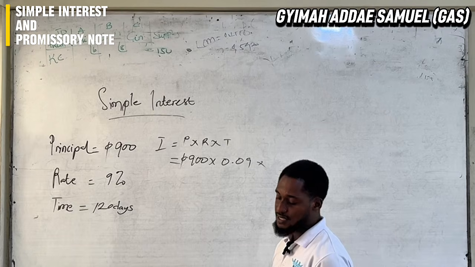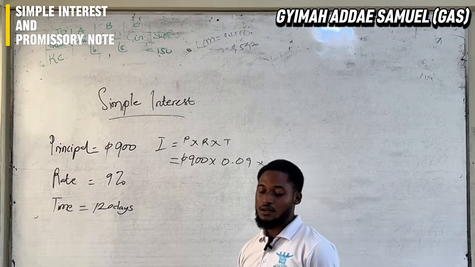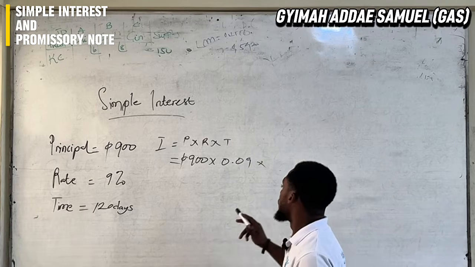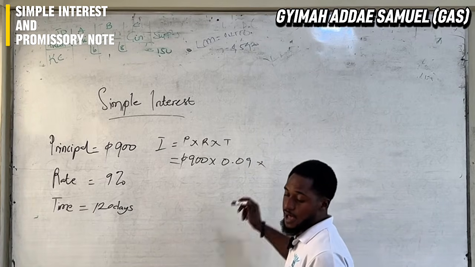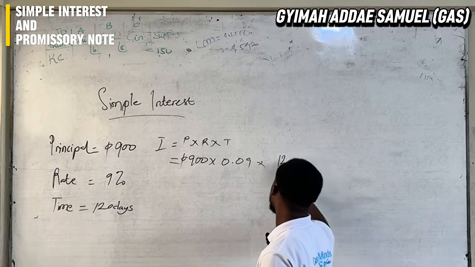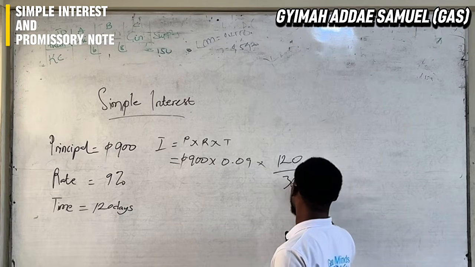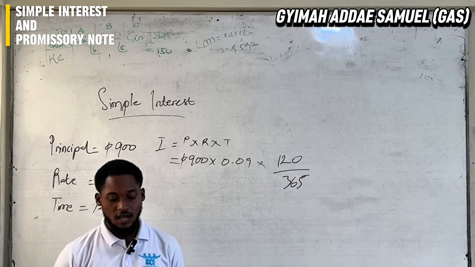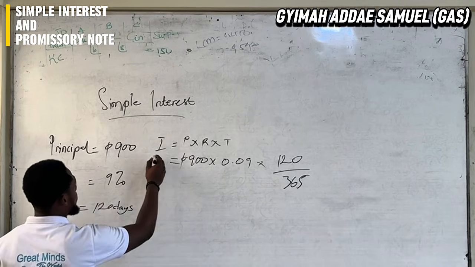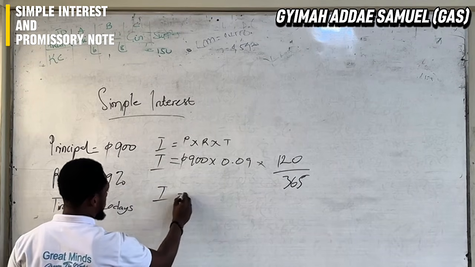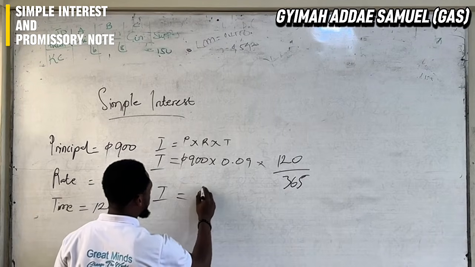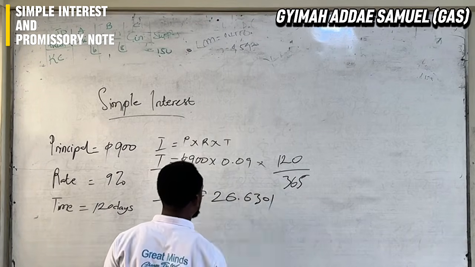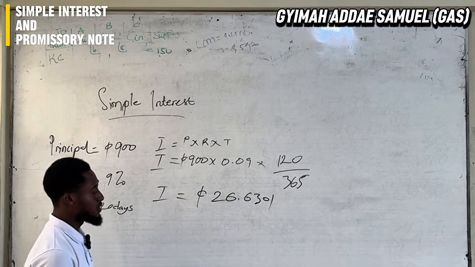So we know that with the exact simple interest, we are dealing with 365 days. So what you do is that you divide the 120 days by 365, and when you compute this, you are getting 26.6301.